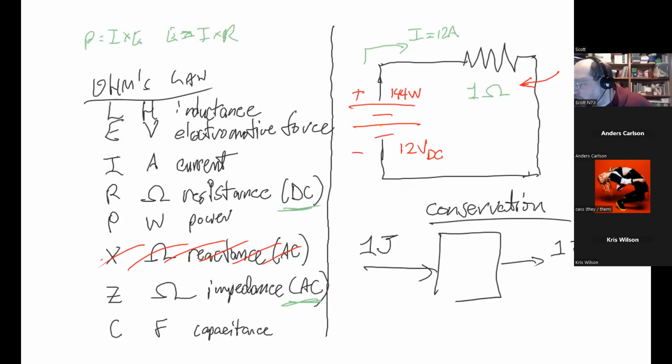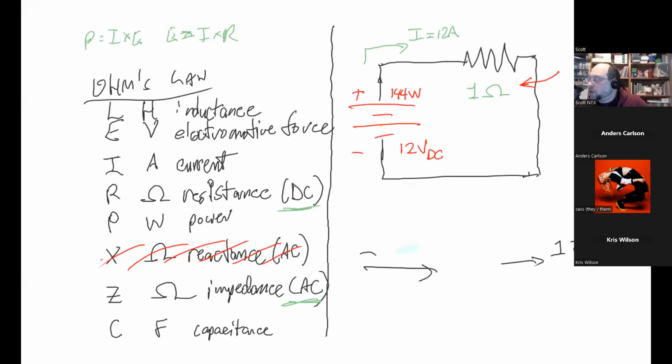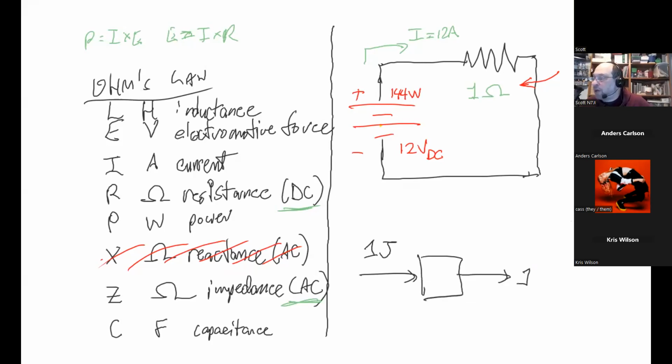It only changes form. So if I put, let's say, 1 joule of energy into a black box, it has a couple of places that it can show up. It can come out the other side as the same form that it went in, or it can change form and turn into heat. 1 joule of energy coming out as heat.